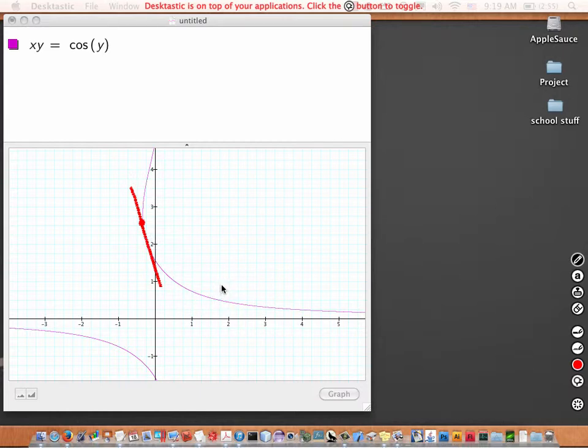It's still differentiable. And what that means is that expands our understanding. Before, we've only been finding derivatives of functions. But now, with implicit differentiation, we can find derivatives of relations, which are not necessarily functions. They don't pass the vertical line test.